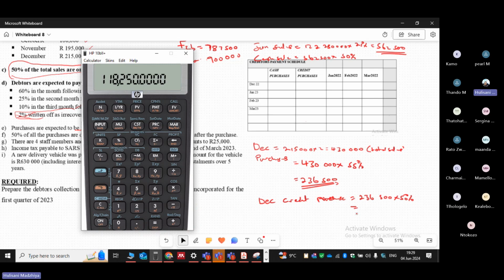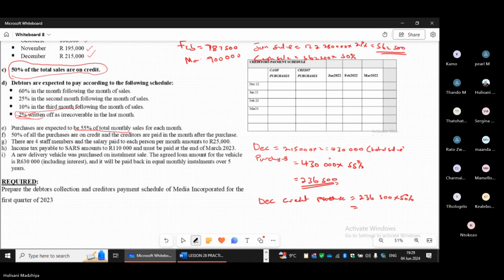That will be 118,250. So this is going to be the credit purchase, 118,250, same as the cash purchase for the December month. Did you all manage to get the same amount?